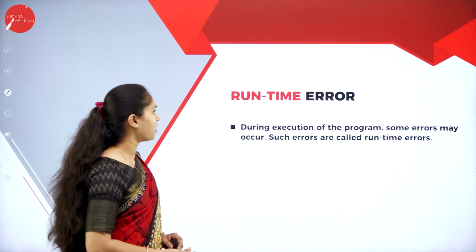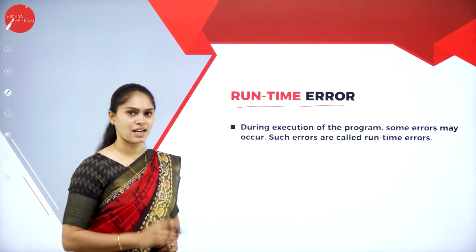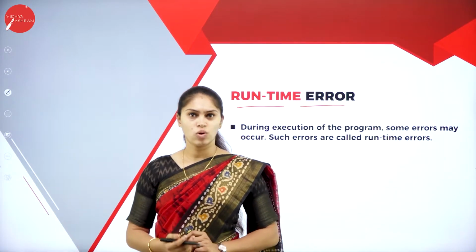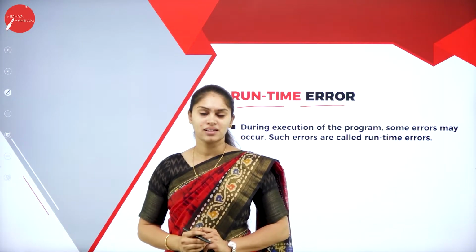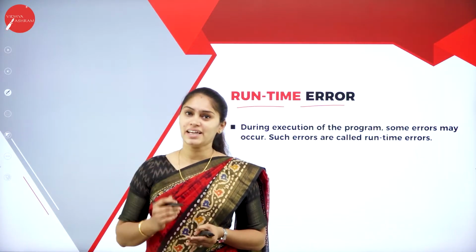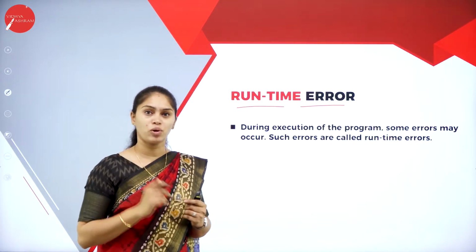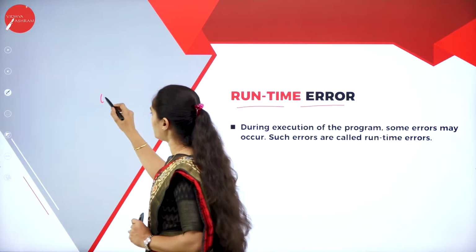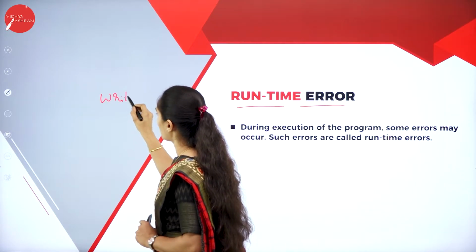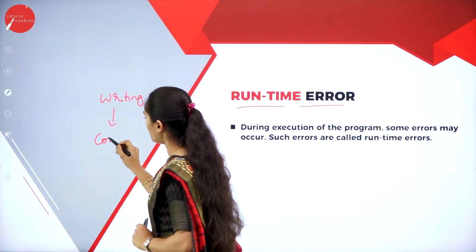What is the next error? That is runtime error. Understand one thing: I have written a code and I have to compile. Compile in the sense that I am going to check whether there are any errors or not. If there is no error, then I can run the program. First, writing of a program, then it will get compiled.